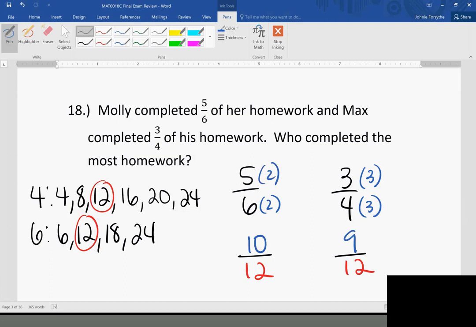So now I can compare these fractions better because they have a common denominator. So 10/12 is going to be greater than 9/12. So therefore, 5/6 is greater than 3/4. And so if the question is who completed the most homework, Molly completed 5/6 of her homework, so the answer would be Molly did, because Molly's fraction was greater than Max's.